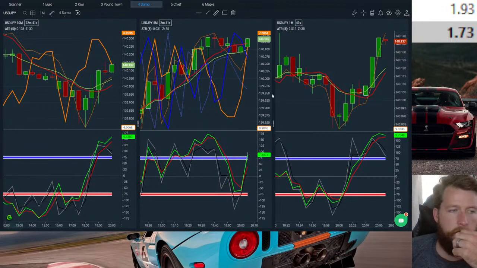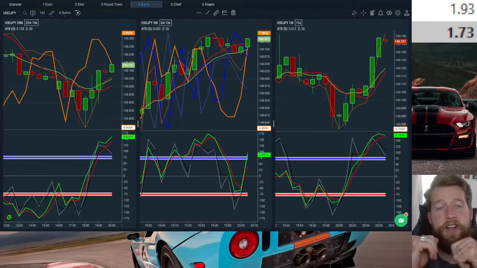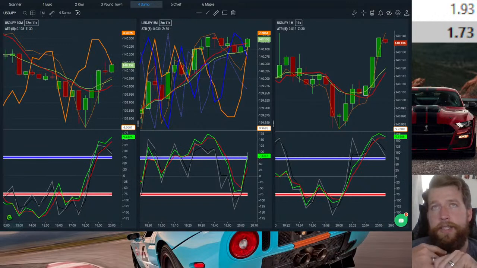Your thoughts on gold? I like gold. I would not mind owning more physical gold. I haven't traded gold yet, haven't really looked at it. It's an interesting thought though. I'm focusing on foreign exchange right now, on currencies.